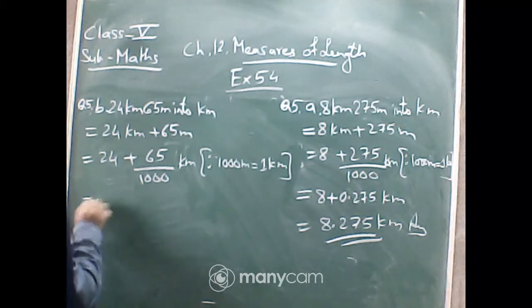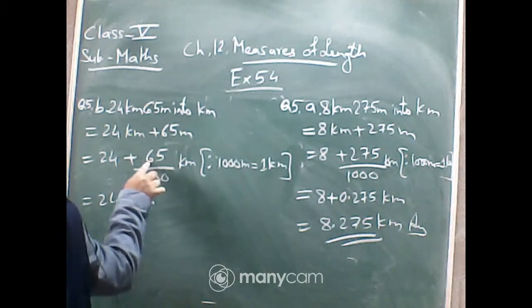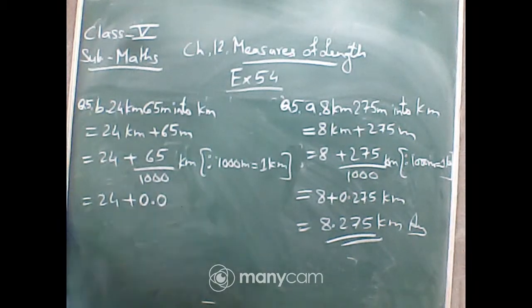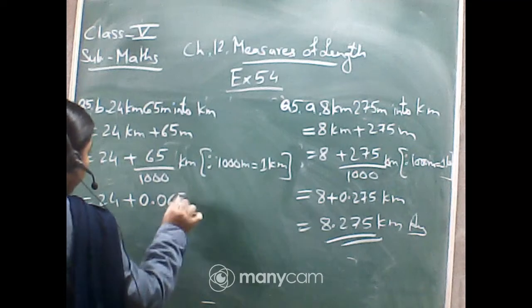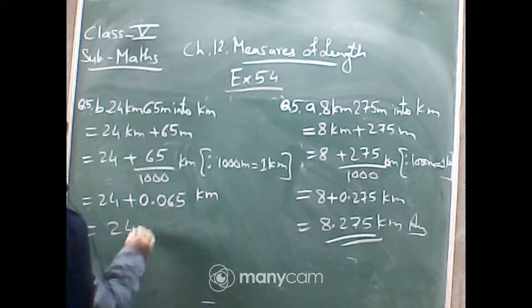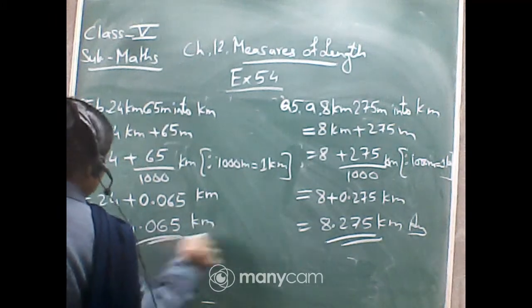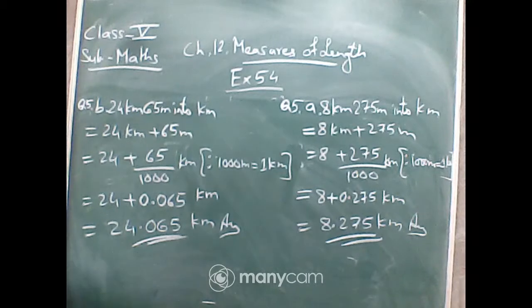So you are getting 24 plus 0.065 kilometer. Adding will give you 24.065 kilometer as the answer. Okay, it will give you like this. Number C and D you have to try on your own.